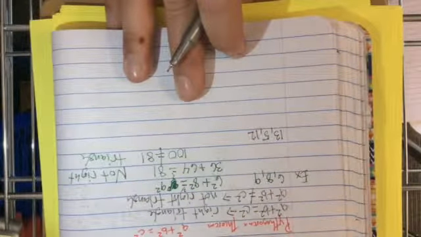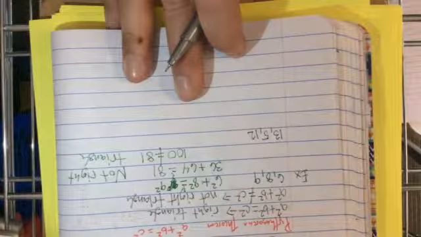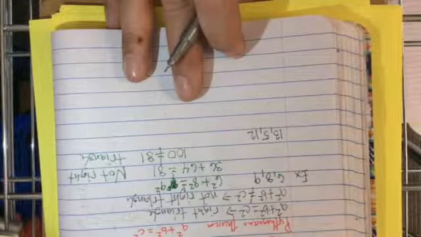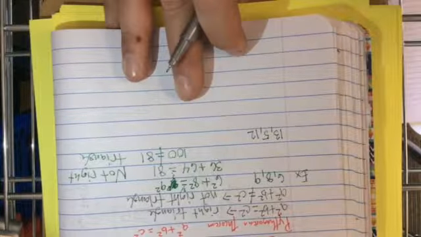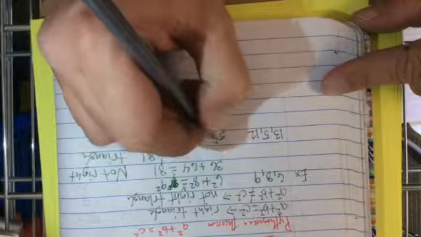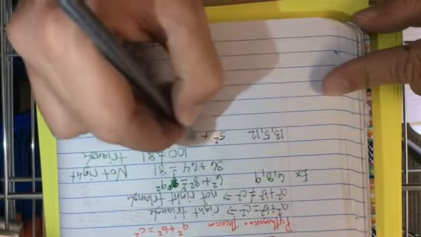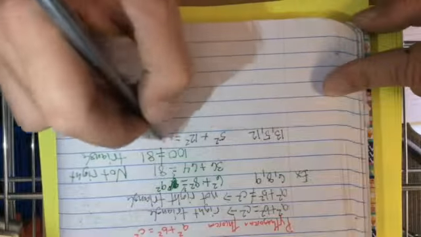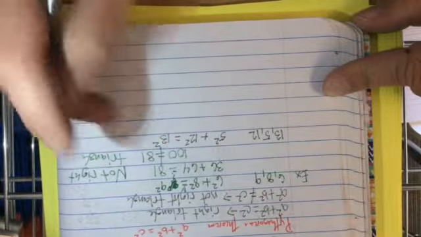We need to set up our Pythagorean theorem and substitute our values. Avery. 5 would be A, 12 would be B, and 13 would be C. So 5 is A, so 5 squared. You said B is 12, good. So 12 squared equals 13 squared.